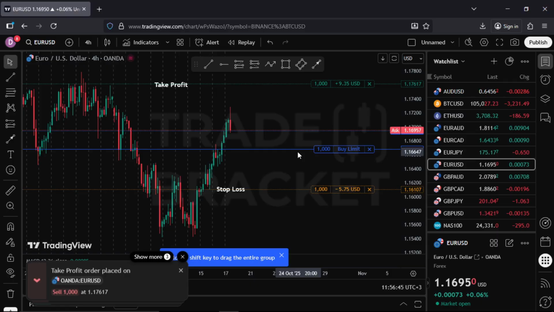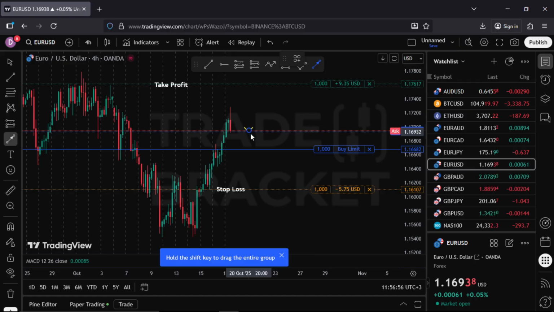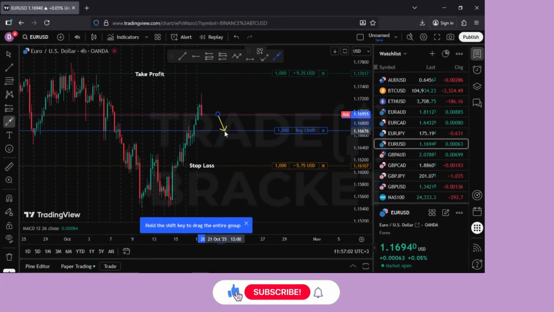Now what this means is, as you can see, price is right here. If it pulls back and hits this blue line, my buy limit order, my order will be automatically triggered.